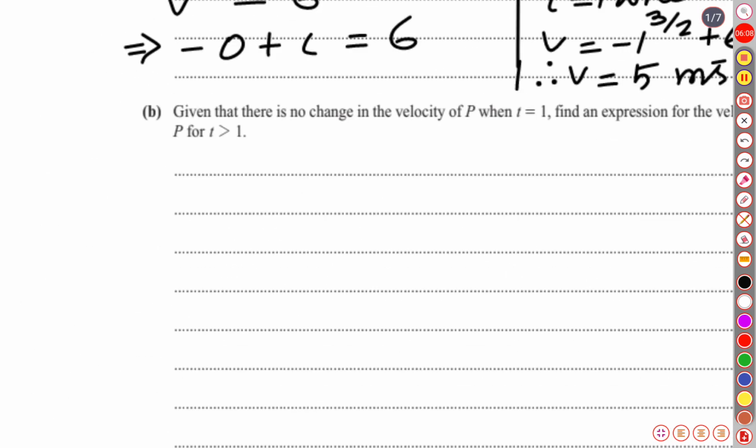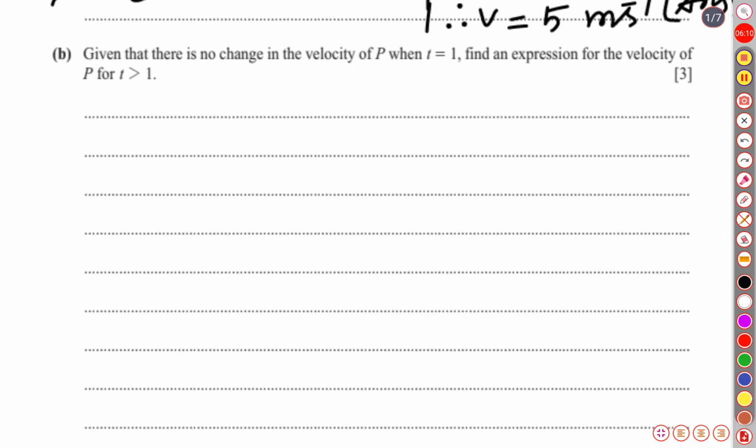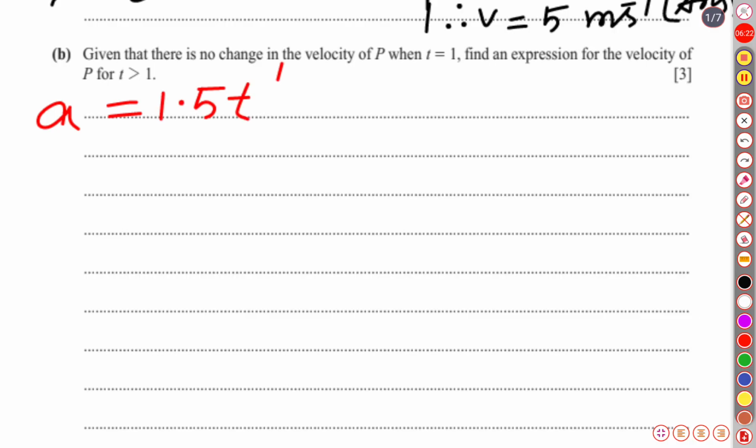So let us write a is equal to 1.5 t raised to half minus 3 t raised to negative half.